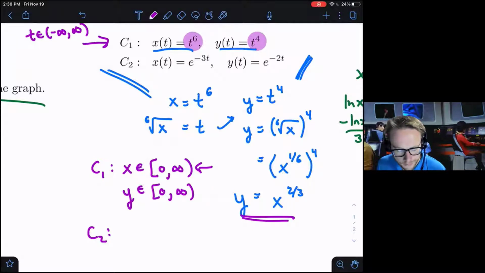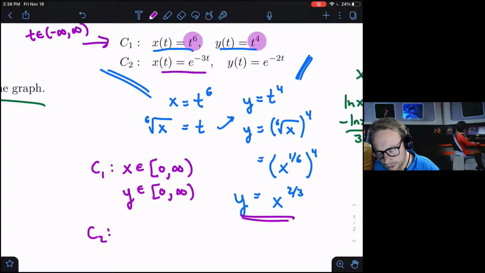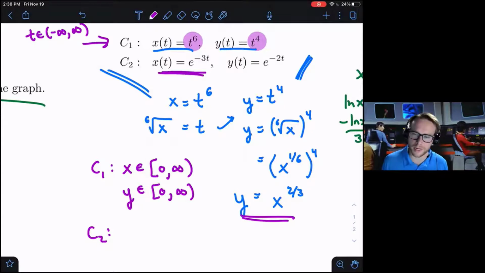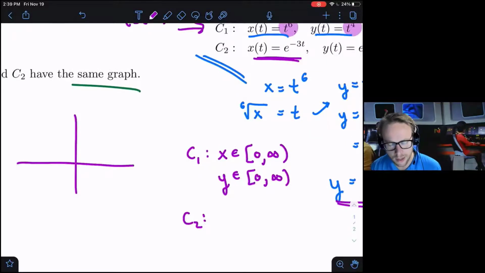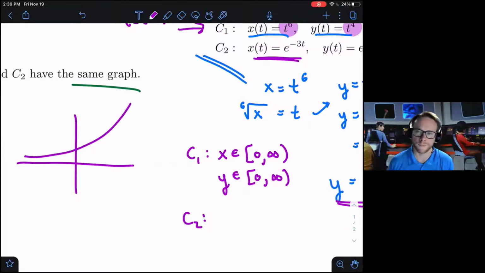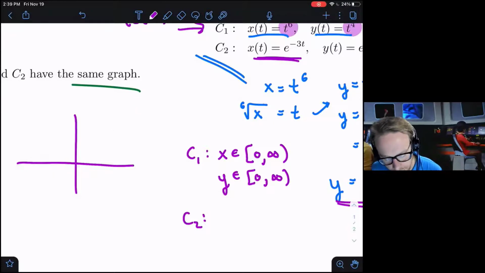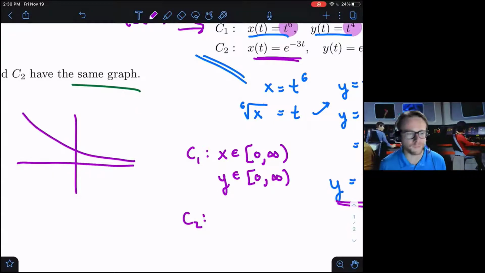And so, okay, thinking about e to the -3t. Well, I need to remember what e looks like. Maybe I'll pull it off to the side here. e typically, if I just have e to the x, looks something like this. Now, this -3, though, is going to be doing a little bit of stretching, and it also flips it in this horizontal direction. So in fact, this is going to look something like this. So notice the outputs here.